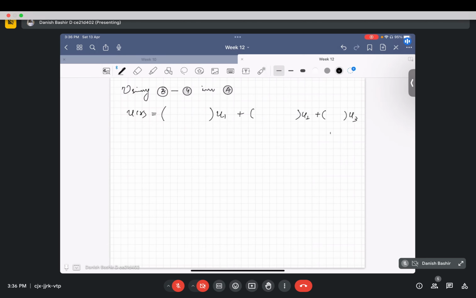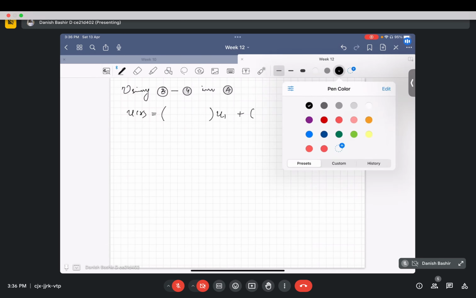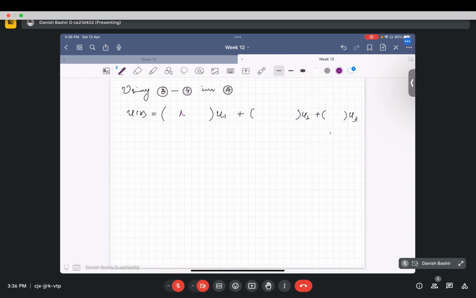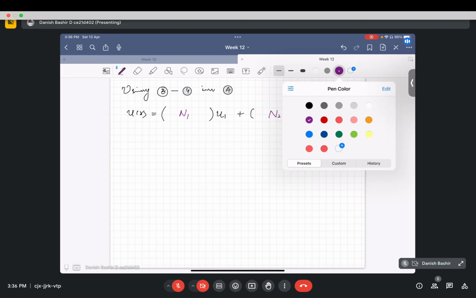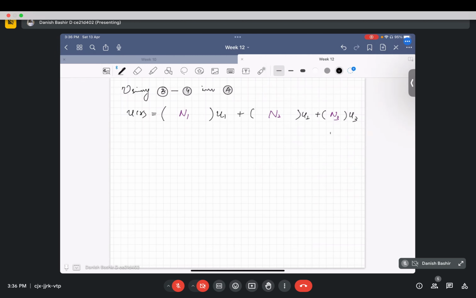You will see what that is. I will represent those expressions by N1, N2, N3. So after simplifying the expressions, we will get U of X equal to N1 U1 plus N2 U2 plus N3 U3.